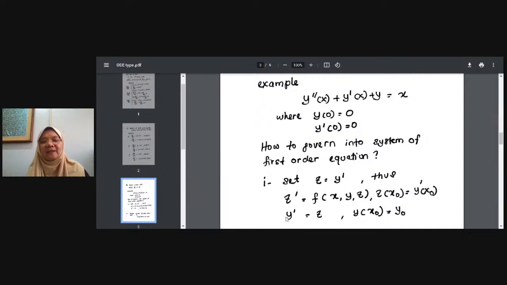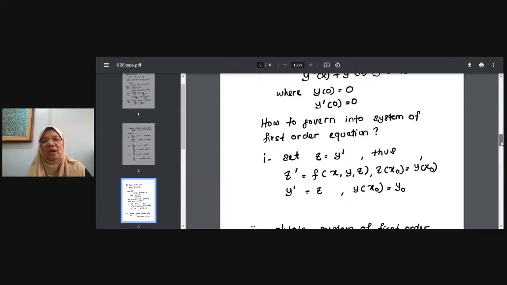Then we have two equations now, where y prime is equal to z, and z prime is equal to y prime prime. So this is how I convert it, very simple.